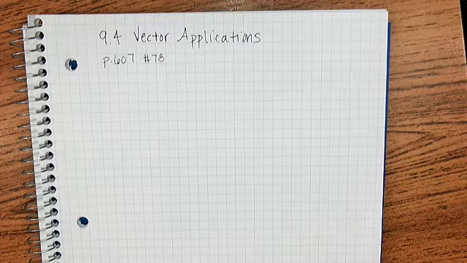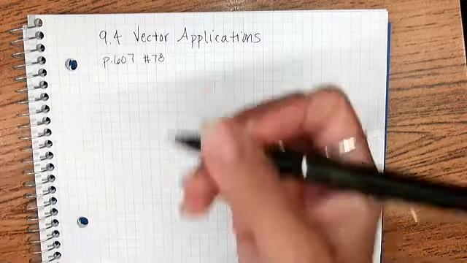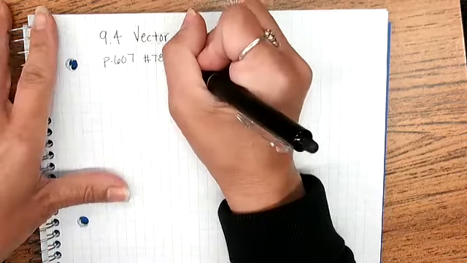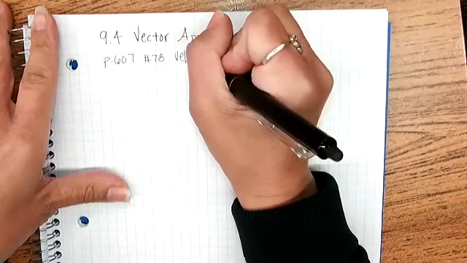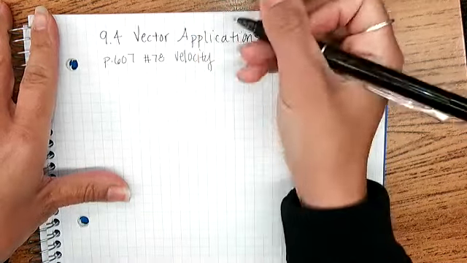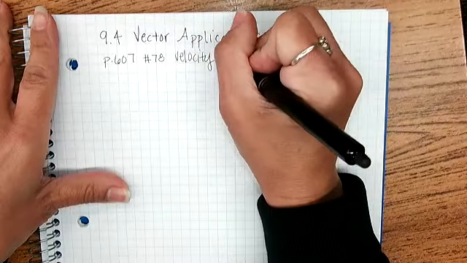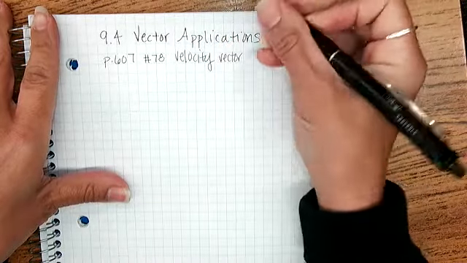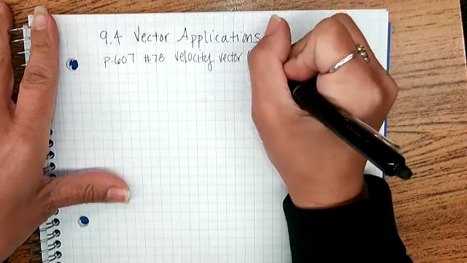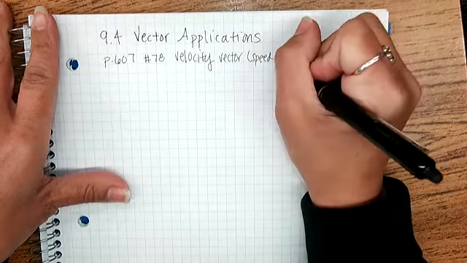Okay, so before we get started, let's look at what the velocity vector looks like. So a velocity vector is speed and direction.